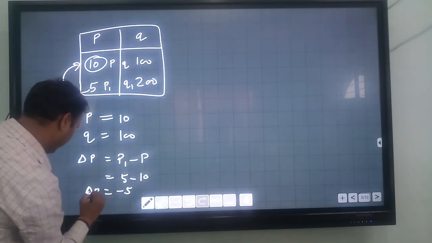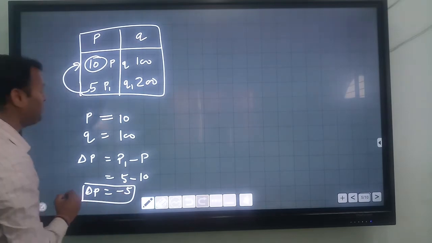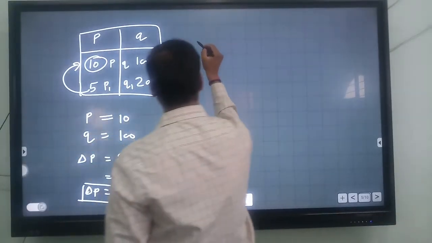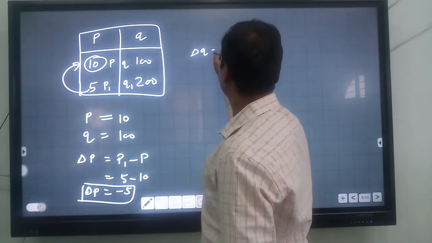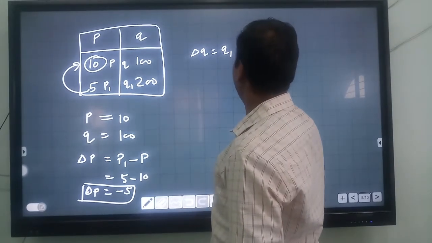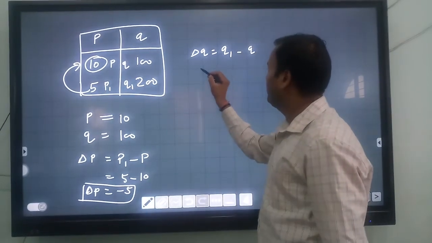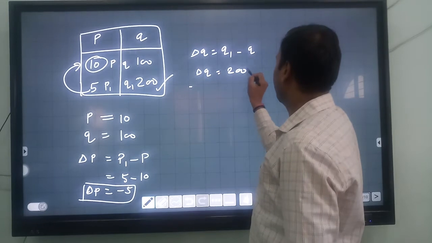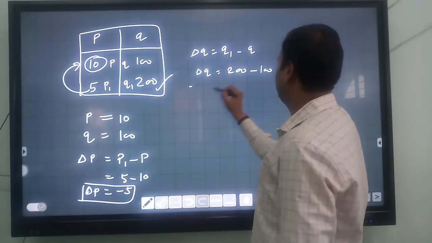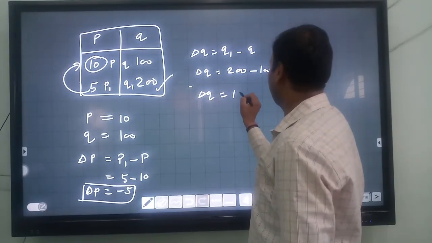Delta Q is Q1 minus Q, so 200 minus 100, so delta Q is equal to 100.